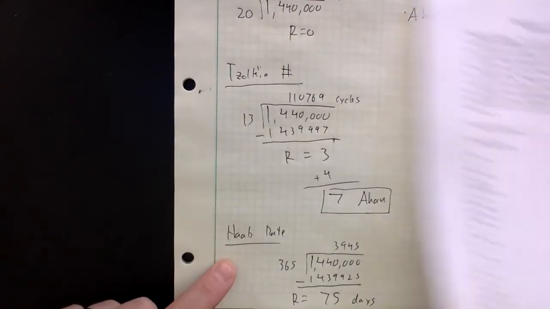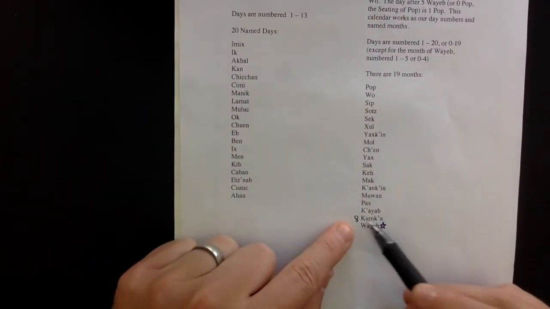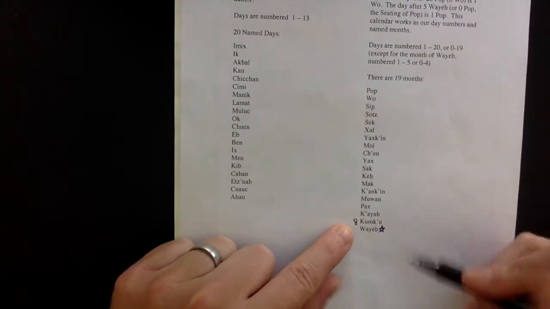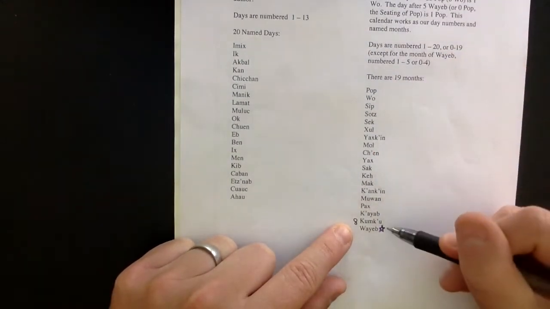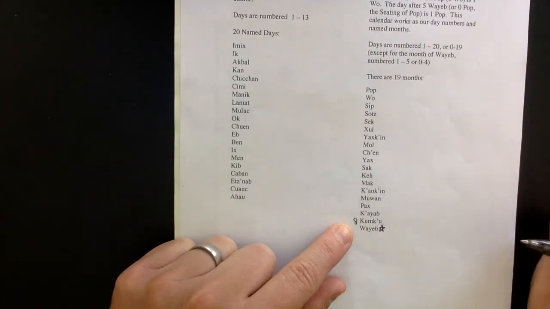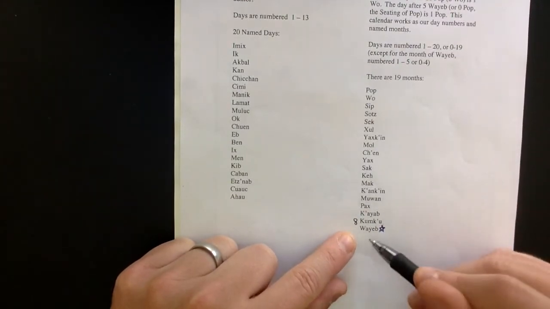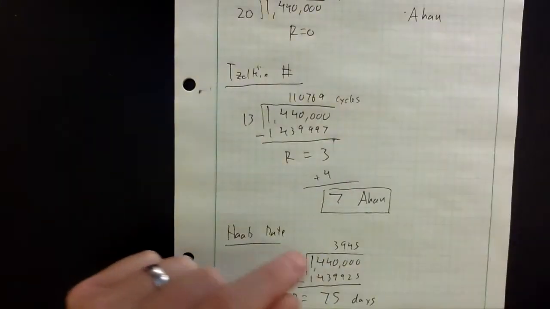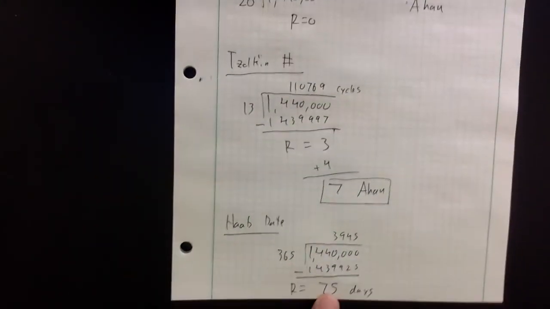So I want to go back to my calendar. The important part with Haab is to know where we're at. We're at 8 Kumku. We need to now move 75 days in the future. So we are going to go through that month of Kumku. Or sorry, we're going to go through the month of Wayeb. So since we're going to go through this weird month with 5 days, I'm going to subtract 5 days right here.